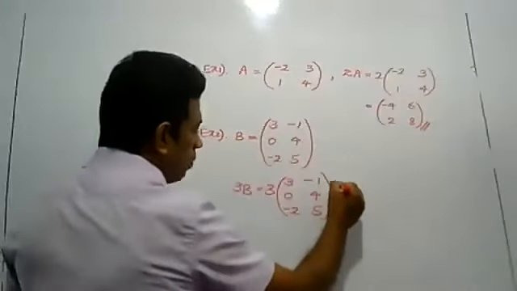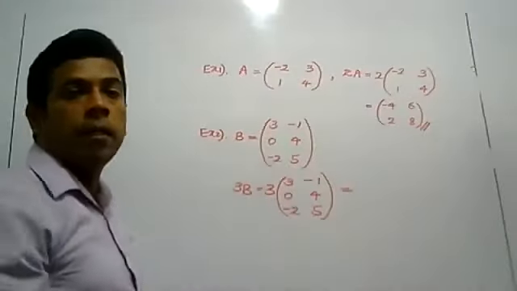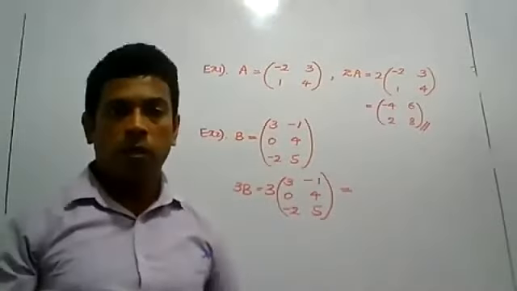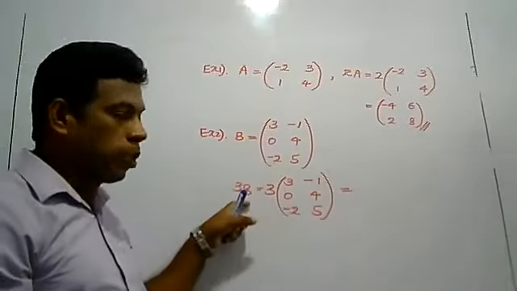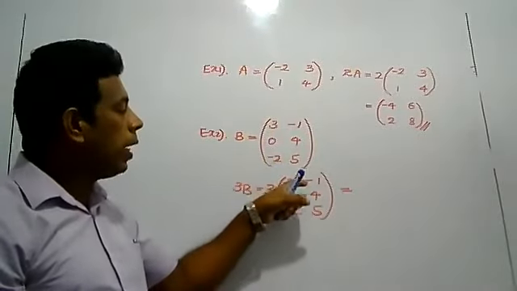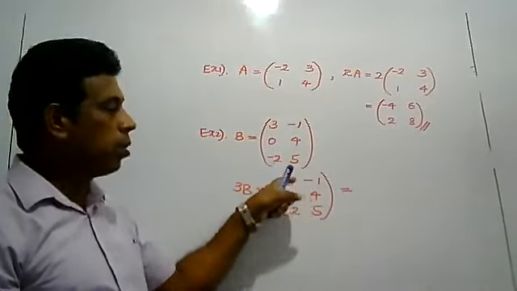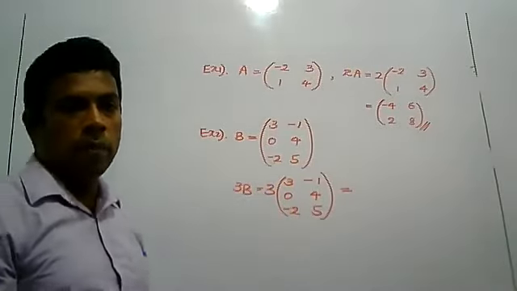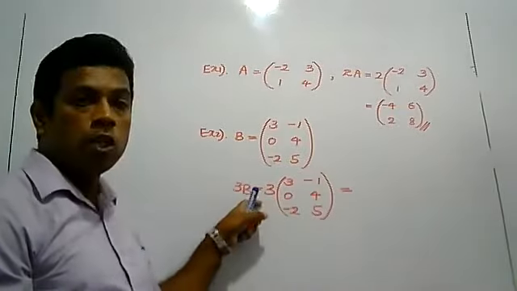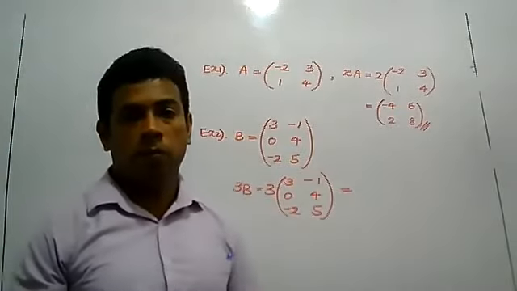Then write it. Matrix B given. Matrix 3B. So all the elements of matrix B should be multiplied by 3.